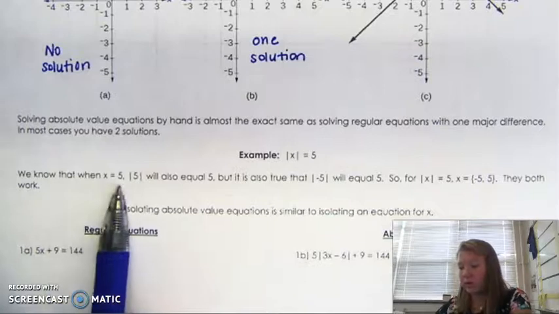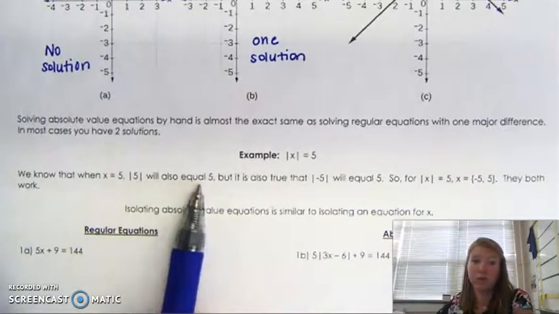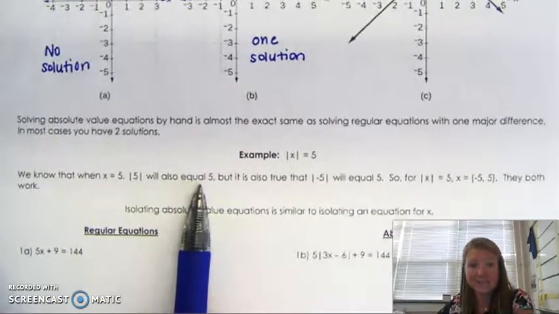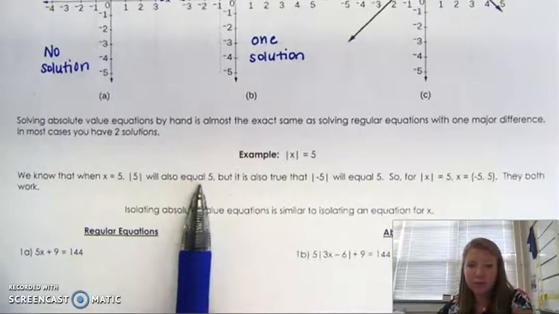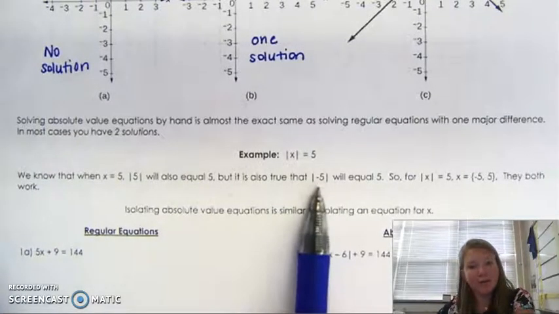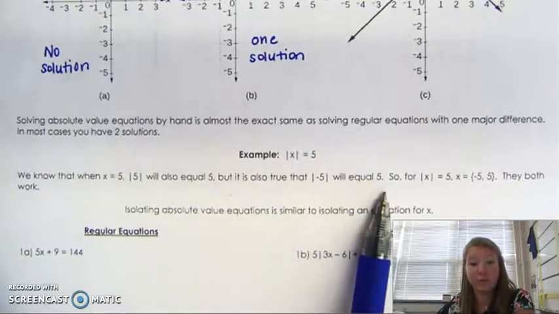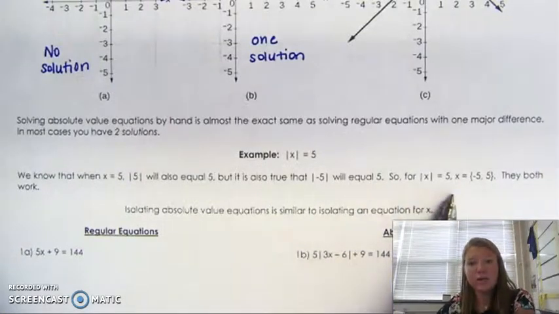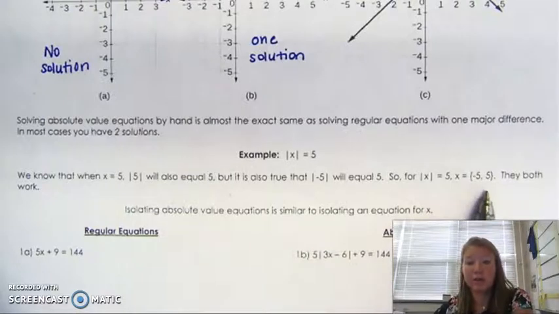So we know that when x equals 5, the absolute value of 5 will also equal 5, because the distance from 0 is 5. It's also true that -5 in the absolute value bars will give you an answer of 5. So for this equation, there are 2 solutions, -5 and +5. They both work.